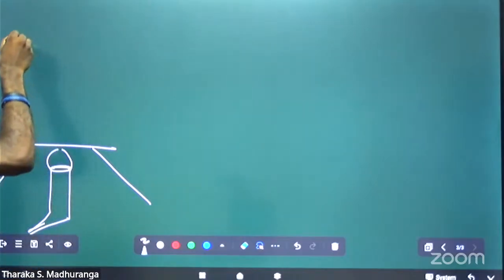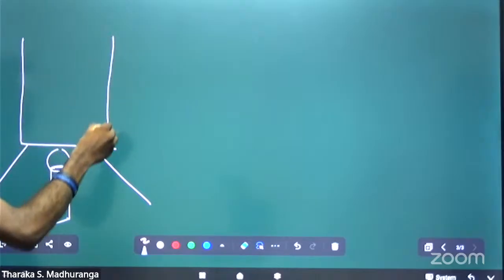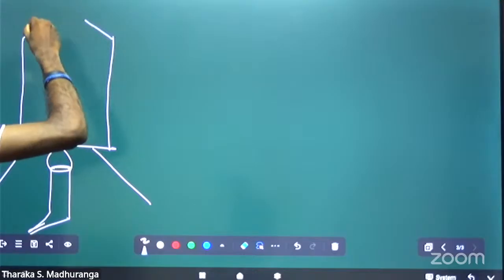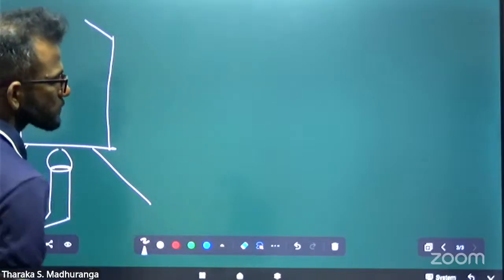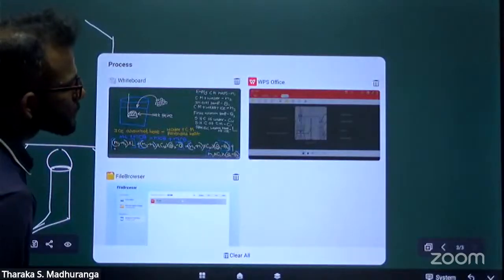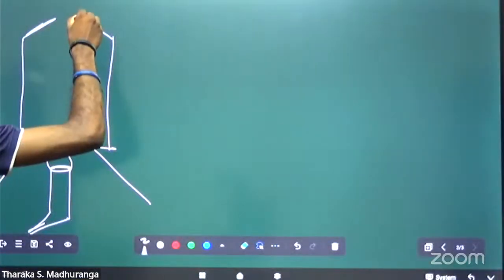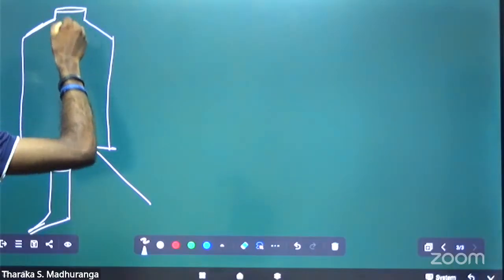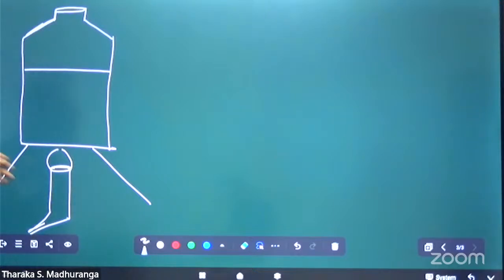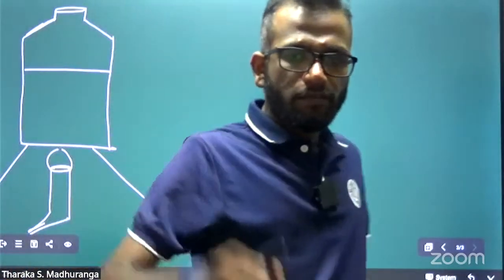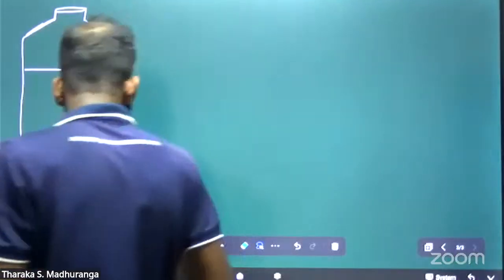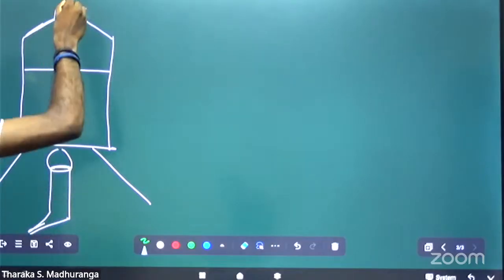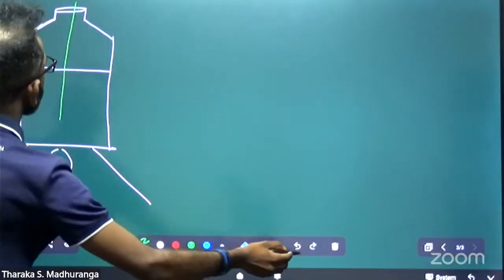And this is a boiler, a simple boiler. After that we need to add the required amount of water, and connect two lines like this.